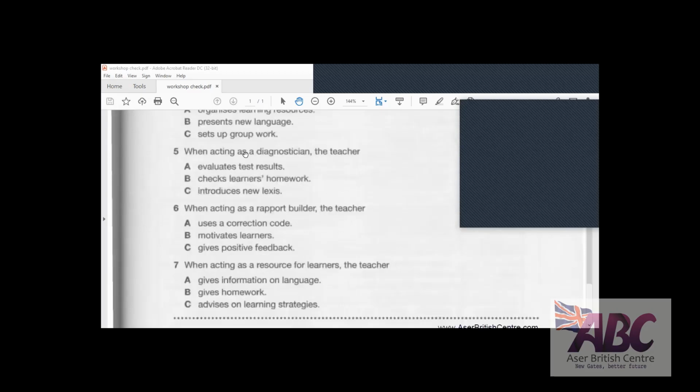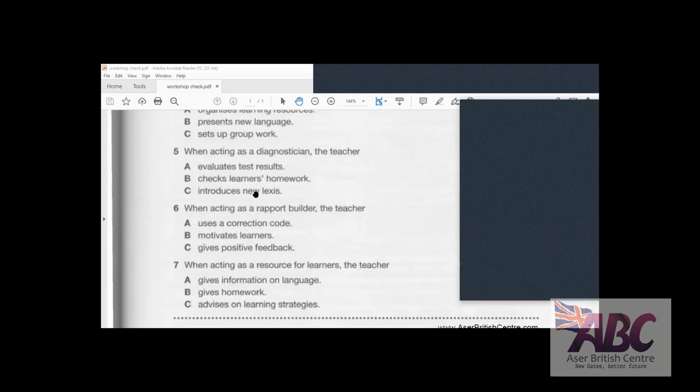If you are presenting. Now, when acting as a diagnostician, the teacher evaluates test results, checks learners' homework, or introduces new lexis. B. Check learners' homework. This is not the right answer. Any other opinion here? I think C, introduce new lexis.